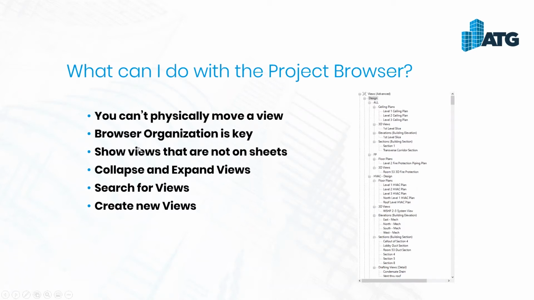Showing views that are not on sheets is an option when you utilize the project browser organization. This is a nice feature to be able to flip on and off, just so you can see and verify that the views that you have within your project are accounted for and are on sheets.